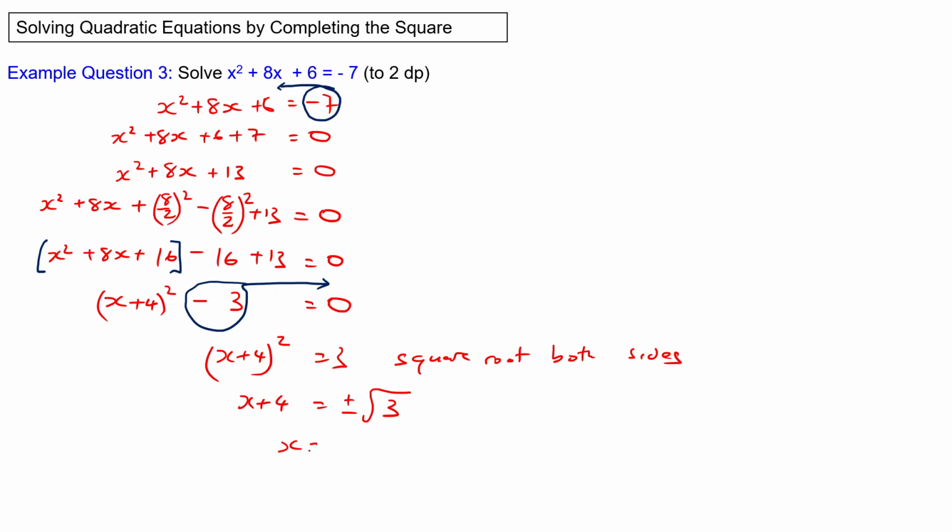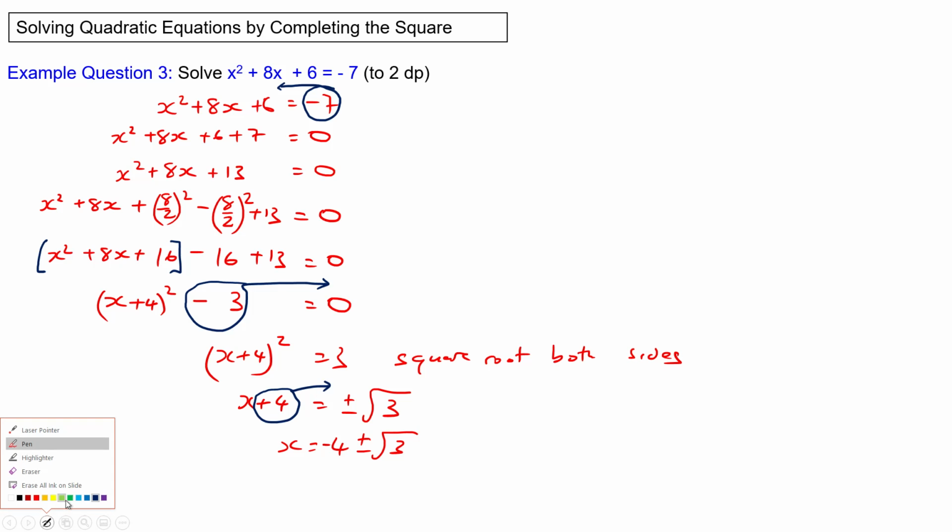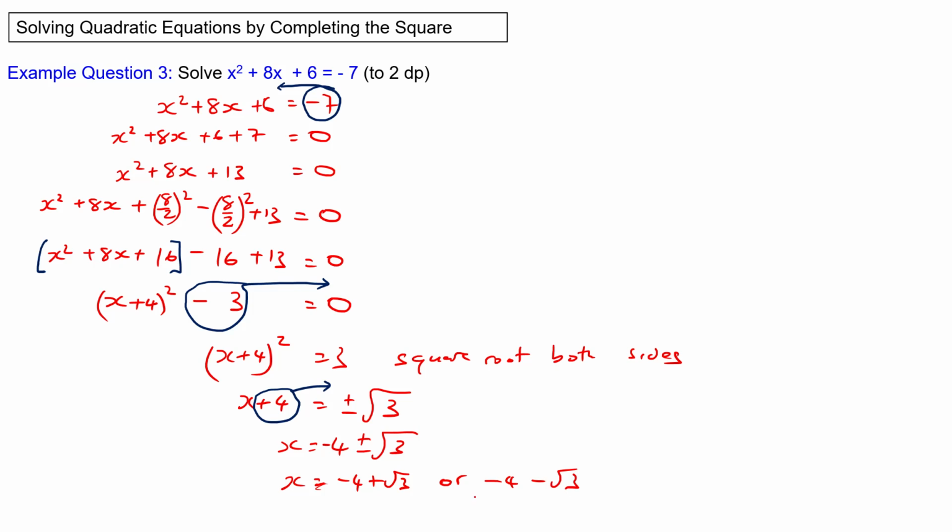And so x is equal to minus 4, plus or minus the square root of 3. Plus 4 becomes minus on the other side. So we say x is equal to minus 4 plus root 3, or minus 4 minus root 3.